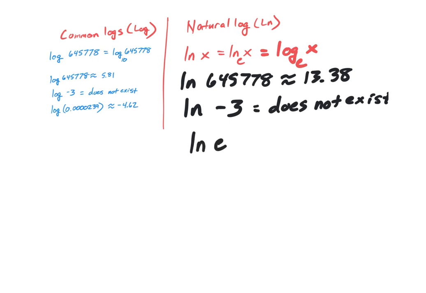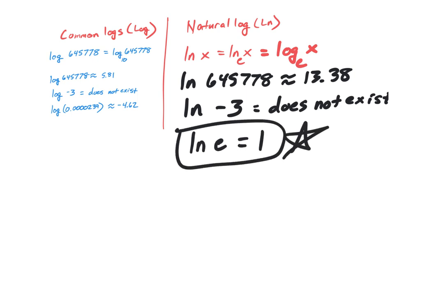If we have the ln of e, my base is assumed to be what? e. So if my base is e and my log is e, then e to what power gets me back to e? 1. So this right here is a big one. The ln of e is 1.